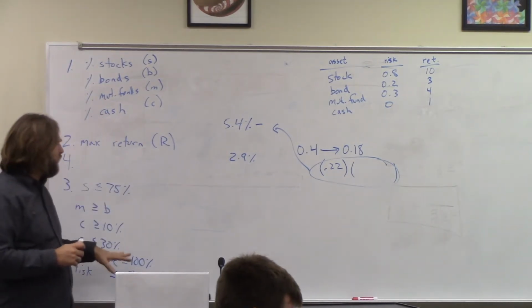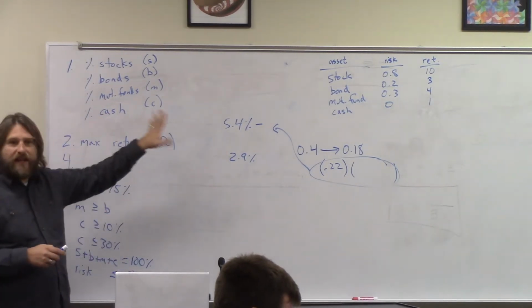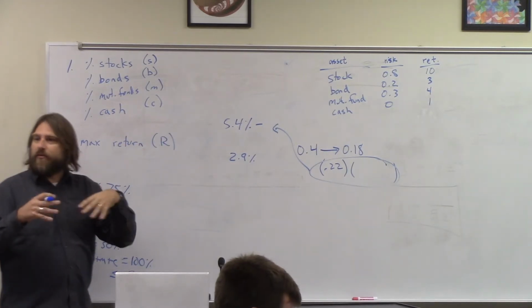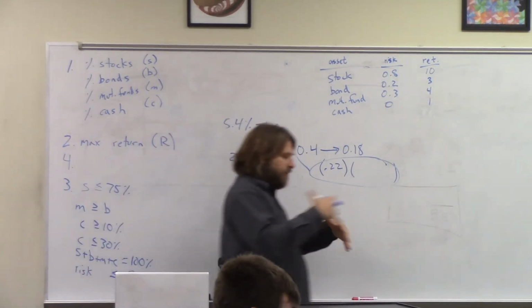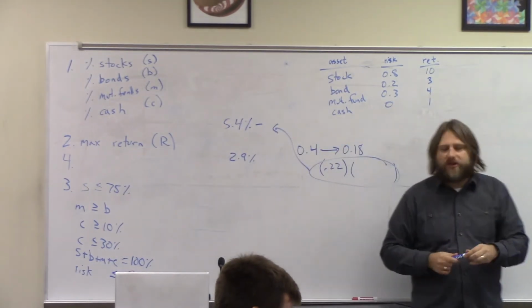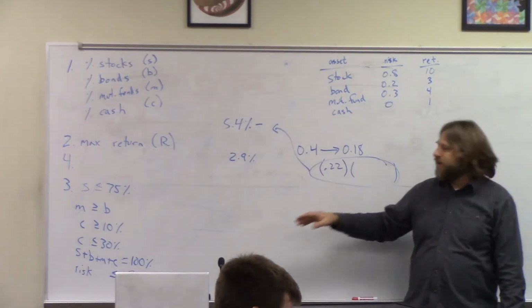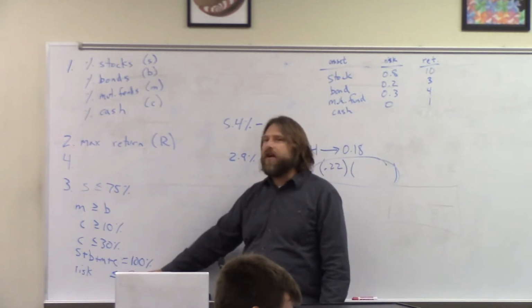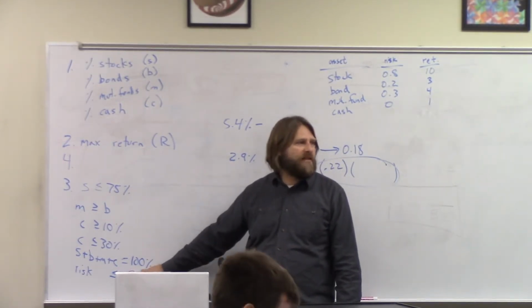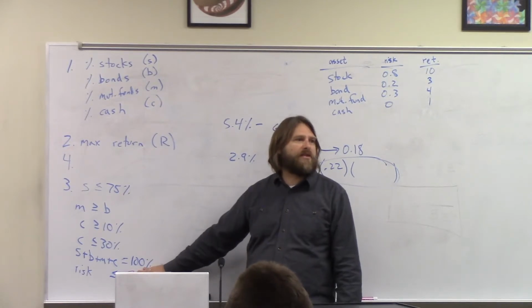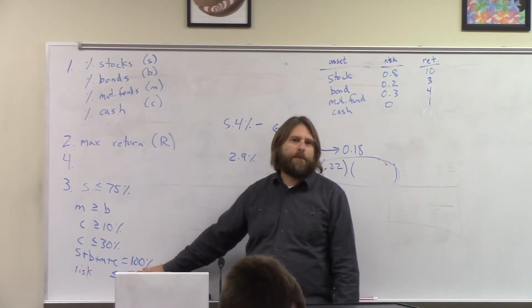If you look at the solution here, that gets us 8.2%, and you look at what the risk value is for that particular optimal solution, you'll see that the risk level is not met. In other words, our investor is comfortable being more risky than our optimal solution allows them to be.